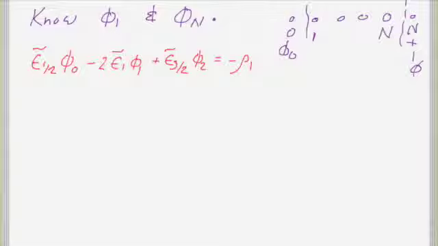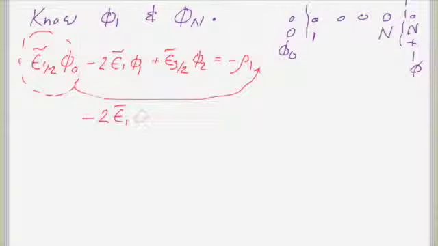But since you know phi 0, you just move it over to the right-hand side. So this term just gets moved over here, and so your rho 1, you just end up modifying that right-hand side of your equation. Nothing happens over here to epsilon.